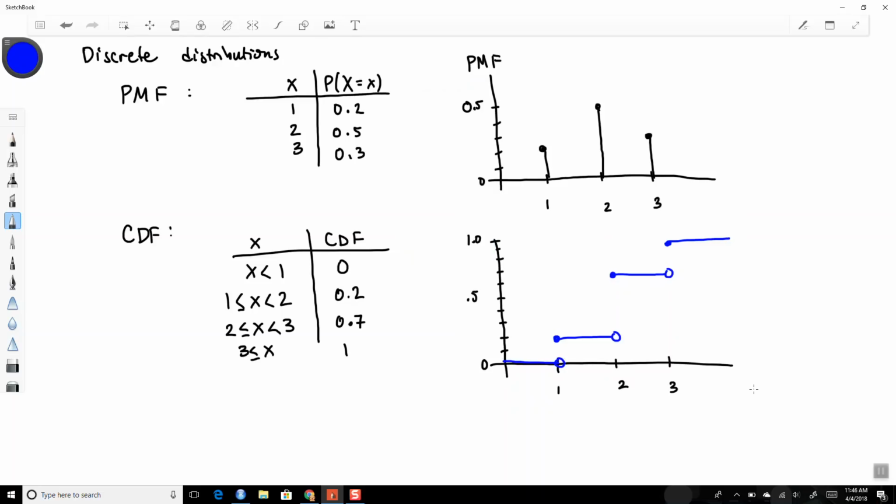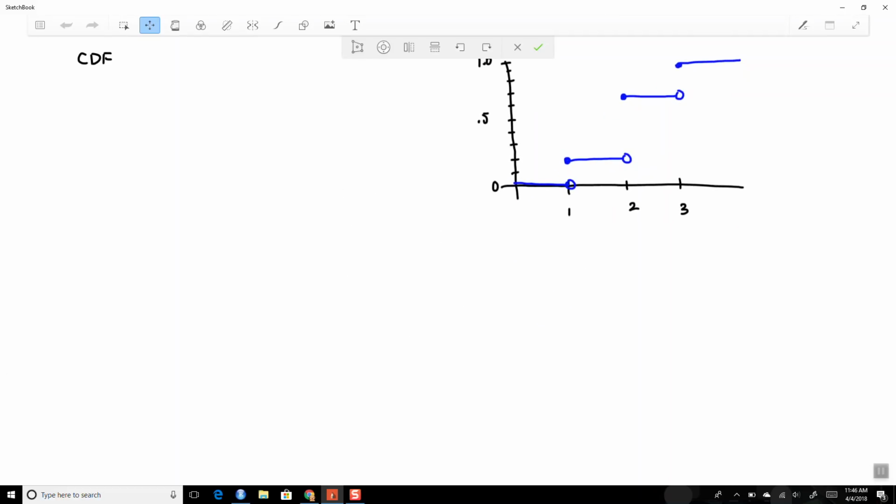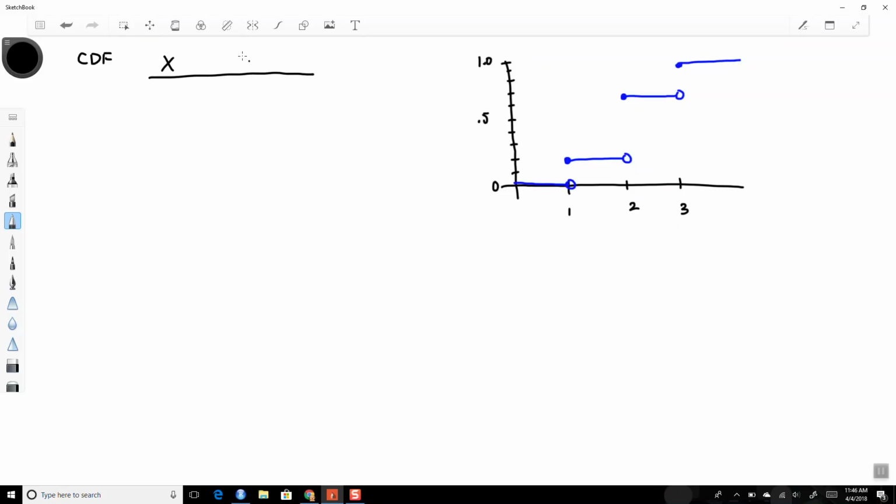All right, is this okay? The next thing then is the inverse CDF. Let me put the x and our CDF values here again: 0, 0.2, 0.7, and 1.0.